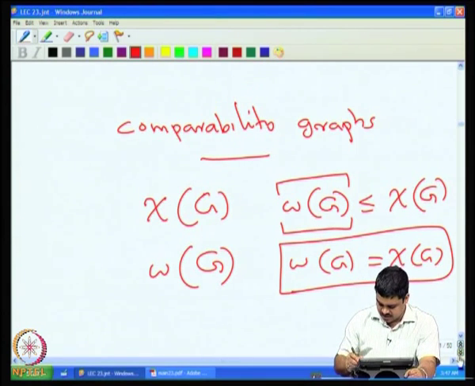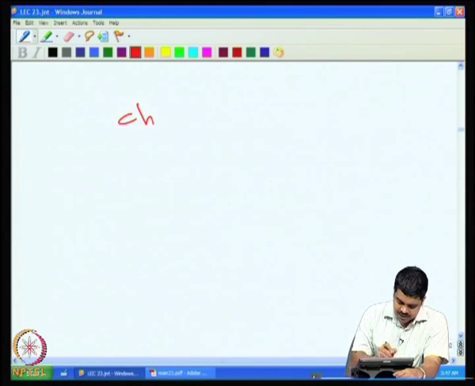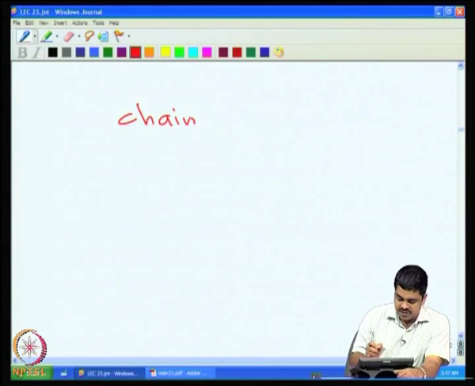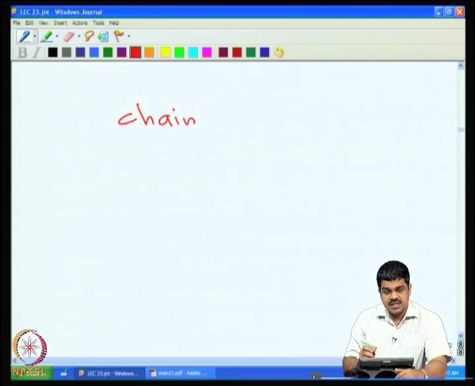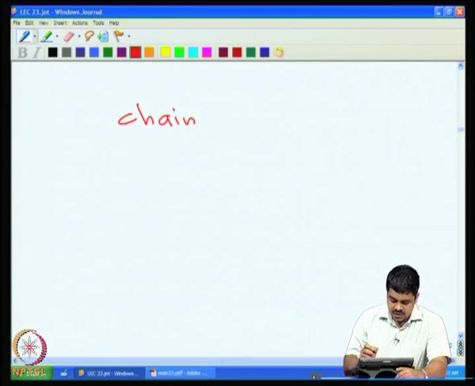It is a chain of the partial order. We have seen it when we studied Dilworth's theorem long time ago. When we studied the Gallai-Milgram theorem, we have seen how Dilworth's theorem about partially ordered sets follows from the Gallai-Milgram theorem, right. So, we know what a chain is, what an antichain is, and all.